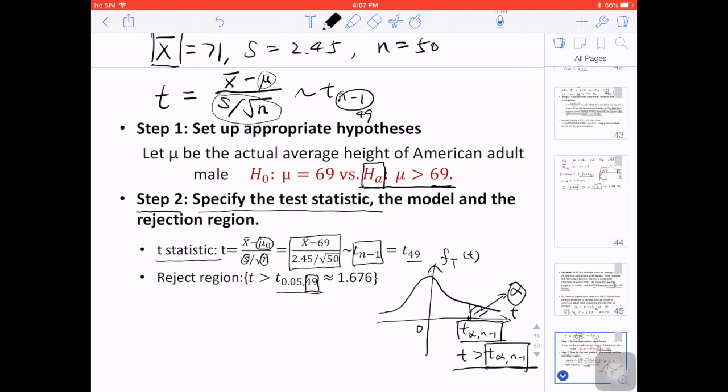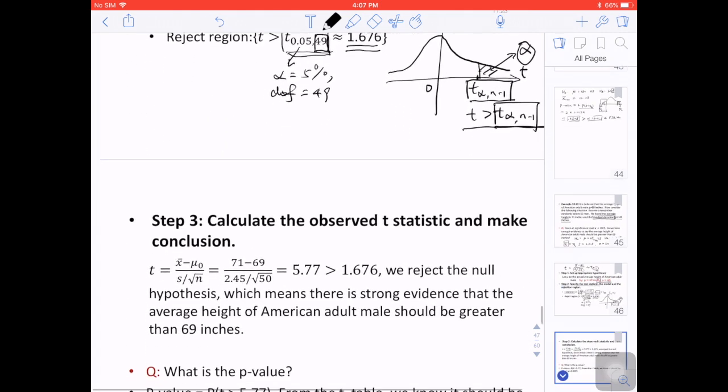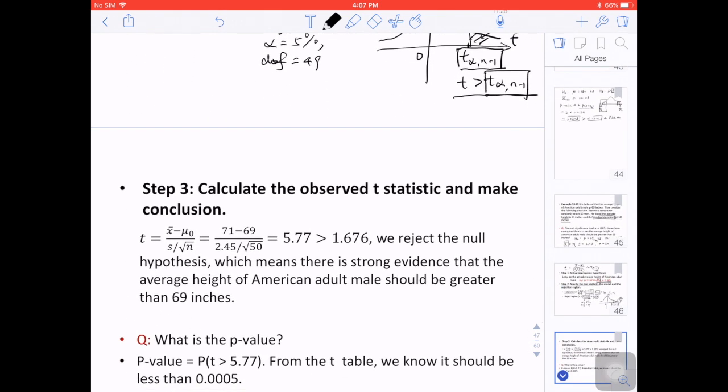In the t table, when alpha is equal to 5% and degrees of freedom is equal to 49, you're going to find this t value is approximately equal to 1.676. All right. Then in step 3, you calculate the observed t statistic and make a conclusion.